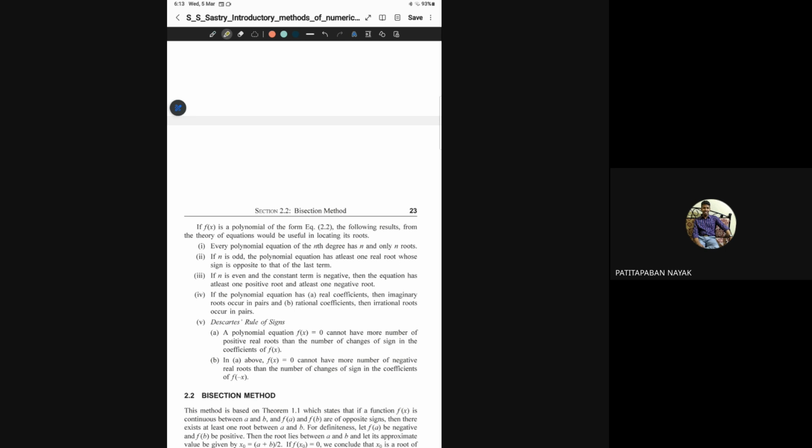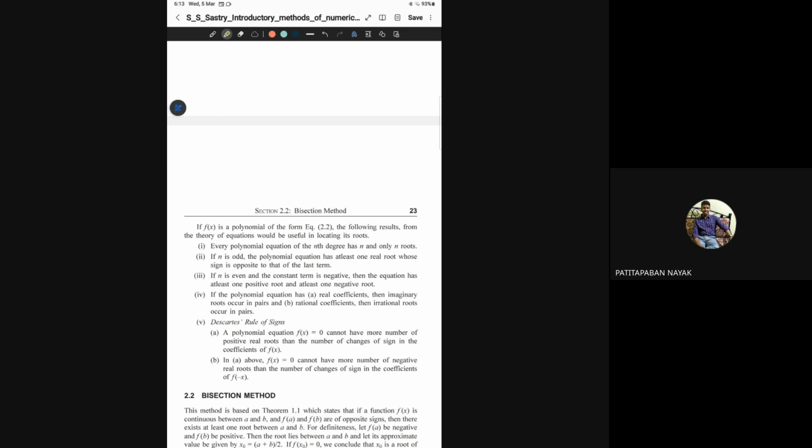But if x cube is equal to 1, then it will have three roots, 1, omega and omega square. So that kind of equations. So if n is odd, a polynomial equation has at least one real root whose sign is opposite to that of the last one.